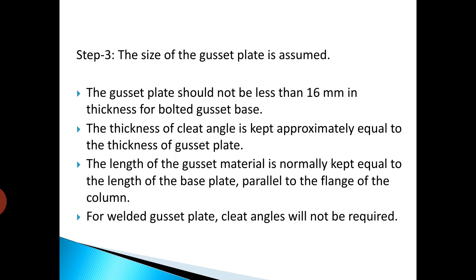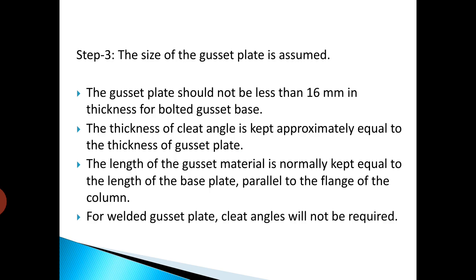Then the thickness of the cleat angle is kept approximately equal to the thickness of the gusset plate. Means if you are assuming the gusset plate thickness as 16, you choose the angle in such a way that it is the same.